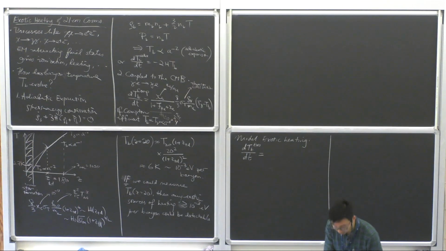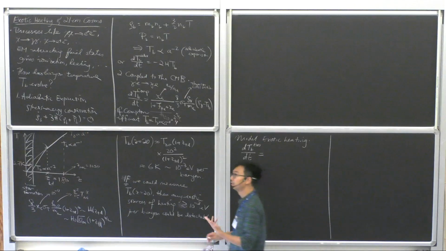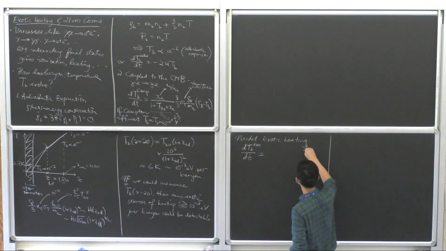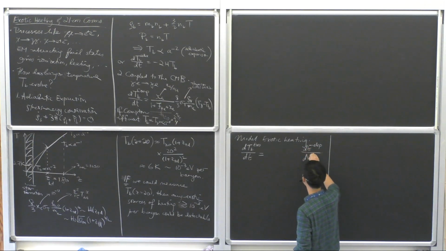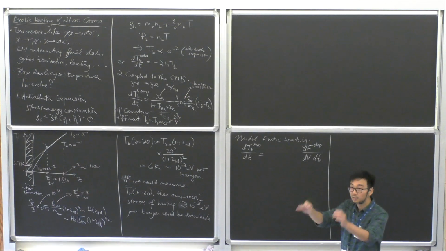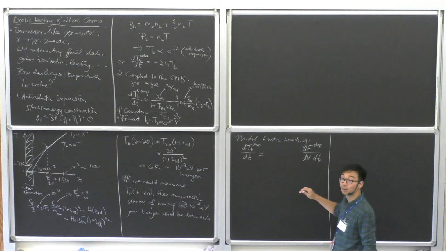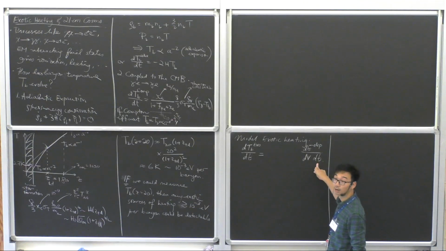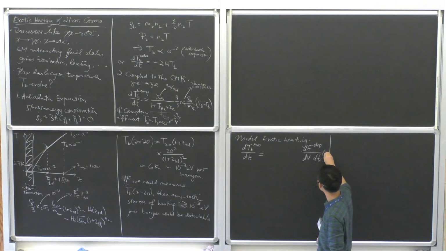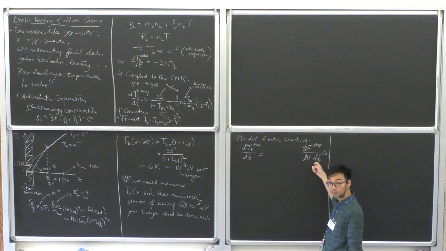And now how do we do this? Well, the thing that we always try to compute is the energy injected, sorry, not the energy injected, but the energy deposited per volume per time. So this is how much energy is actually getting dumped into the intergalactic medium, the IGM, and heating the IGM directly. So this is a function of Z.